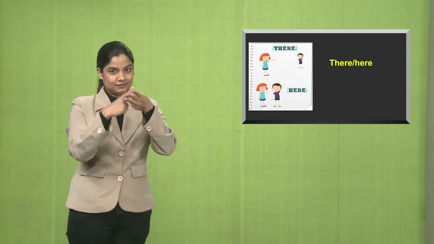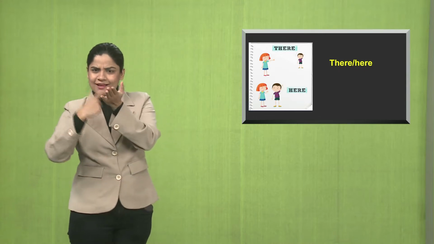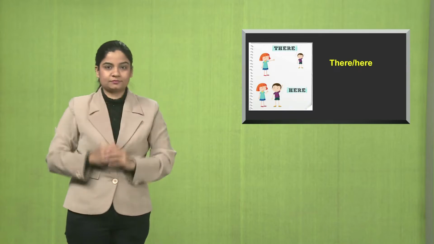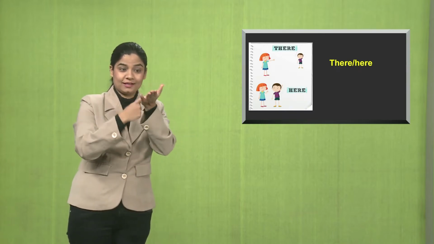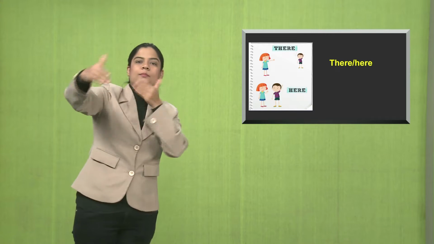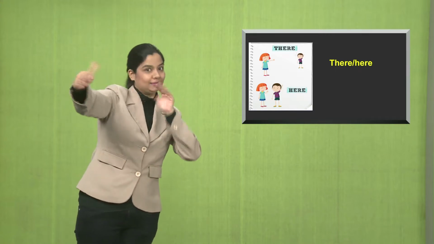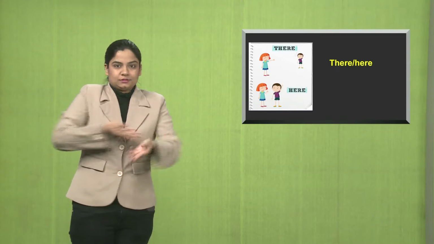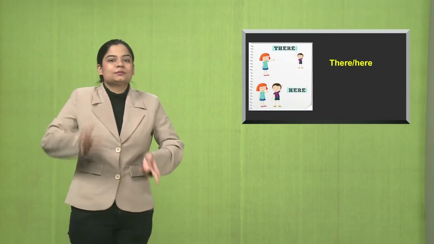There / here. They are two different words. Let me explain. There is the word that means something that's a little far off, at a place or a position. Here is something that's close to you, something that's very near, in or at.